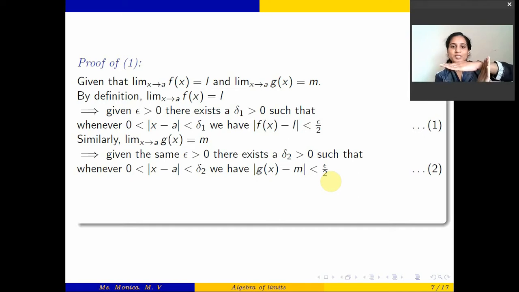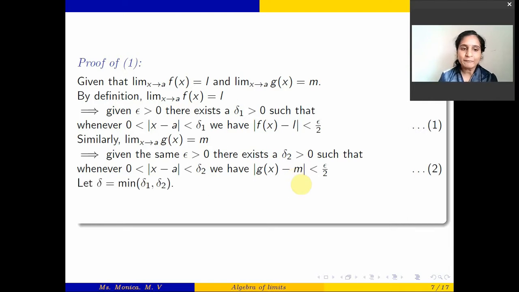Say delta 2 is here. Behind this point, the second condition is satisfied. Behind this point, the first condition is satisfied. Therefore, which is the minimum of these two? Behind that point, both these conditions are satisfied. I hope you get this particular point. This is also an important, crucial part in the proof.